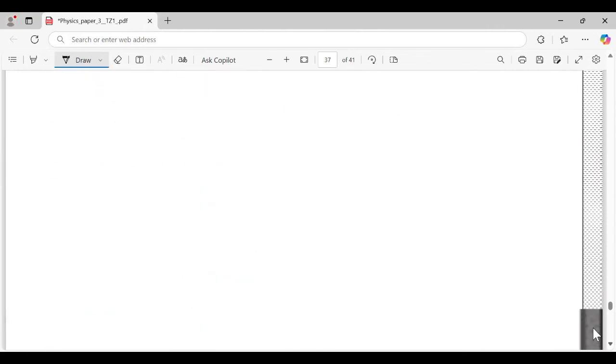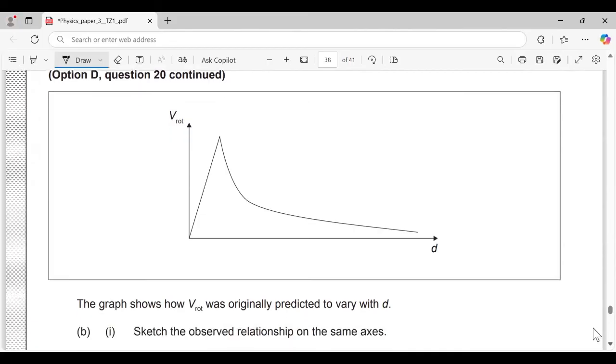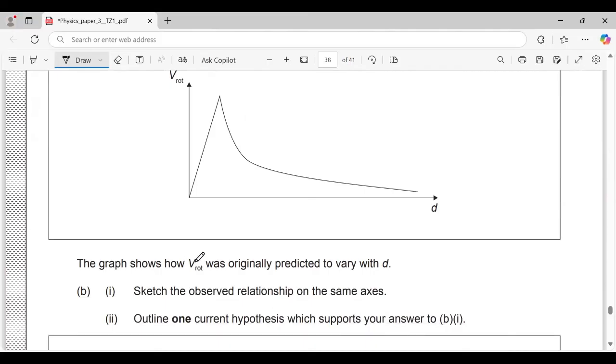Okay, 21. There is a graph. The graph shows how rotational speed was originally predicted to vary with d. The d axis is horizontal and the vertical is the rotational speed axis, scaled to the observed relationship on the same axis. So we are going to sketch it.